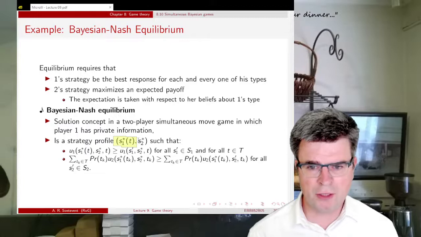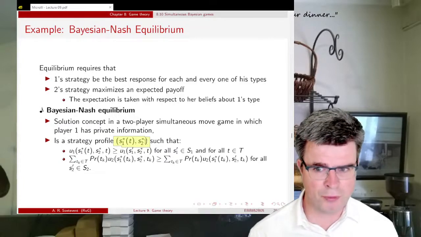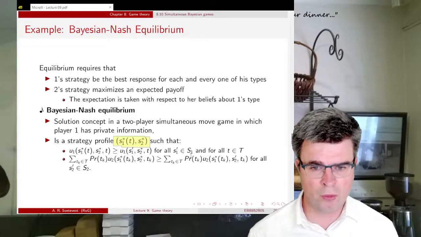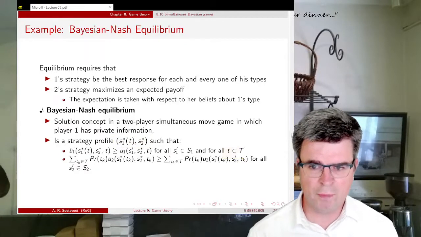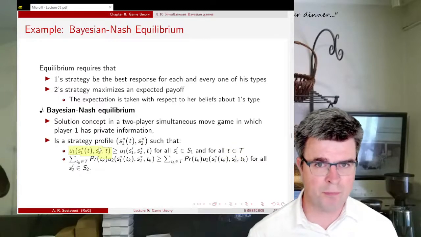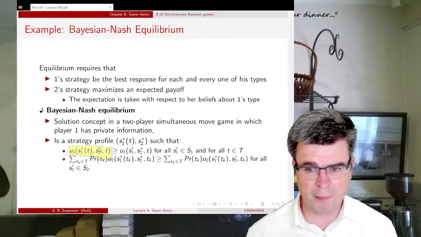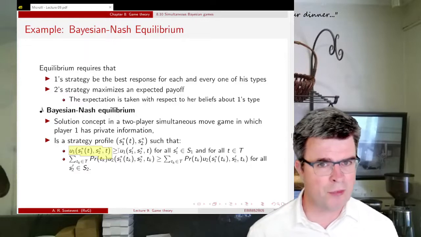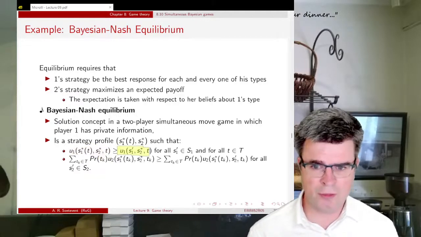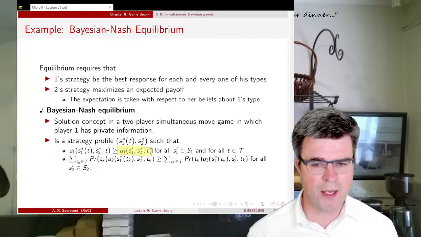This strategy profile is a Bayesian Nash equilibrium if it holds that for all types of player 1, the utility that player 1 of a certain type derives from playing that particular strategy is at least equal to the payoff that he would receive if he would play any other strategy.